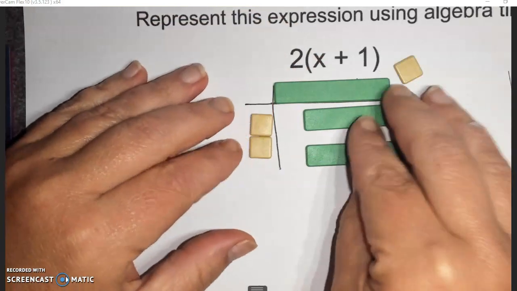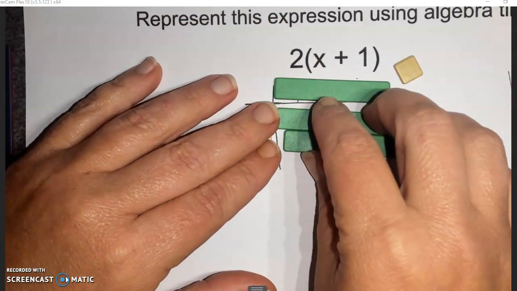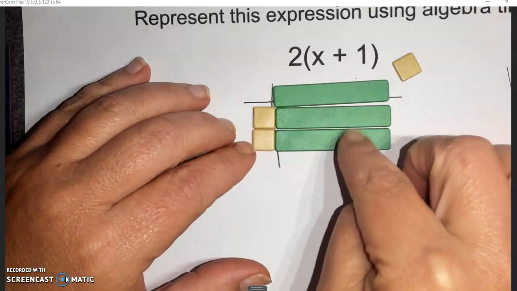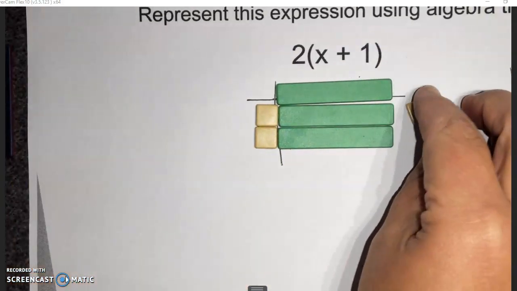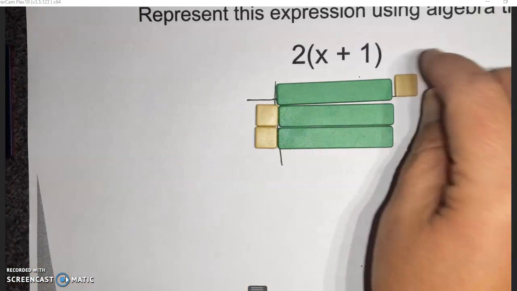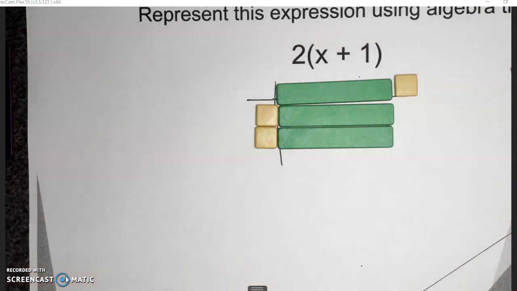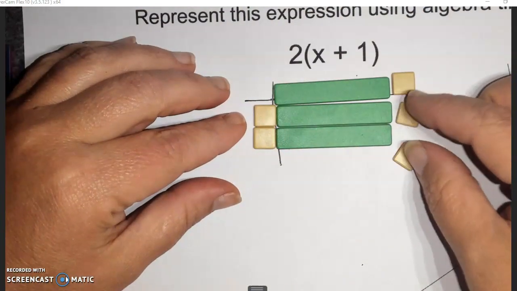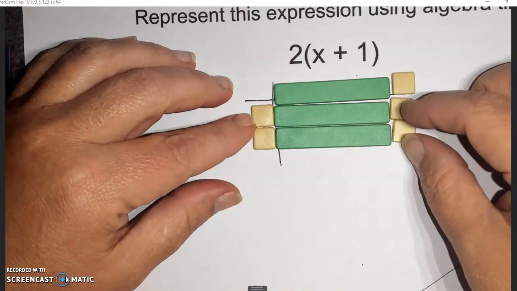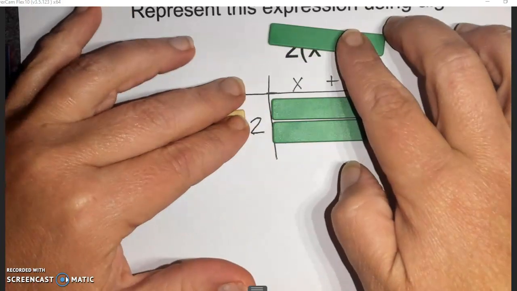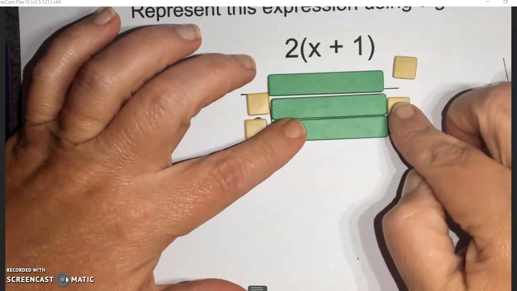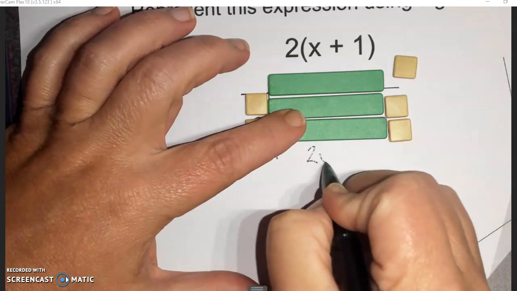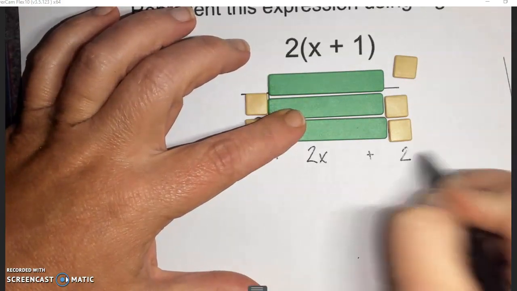So to fill it in, we have to have 2x and then 2. And basically what you're saying is, what did it take me to fill in and to make the rectangle? So this is what I multiplied. This is what I filled in. So it gives me 2x plus 2.